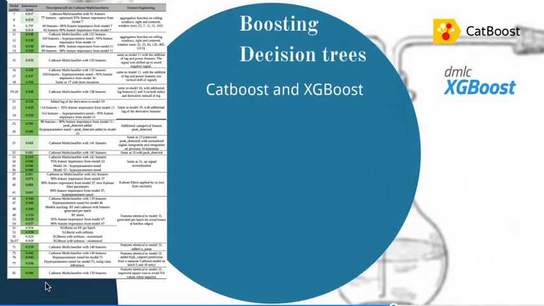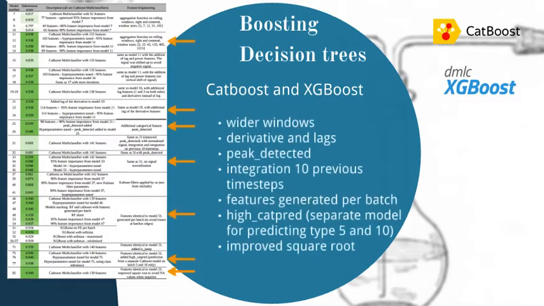So 0.94 is the highest score we obtained on the public leaderboard. So that's important to know. All the small improvements here didn't really lead to big changes in the score. And then I'll just go over the main changes.